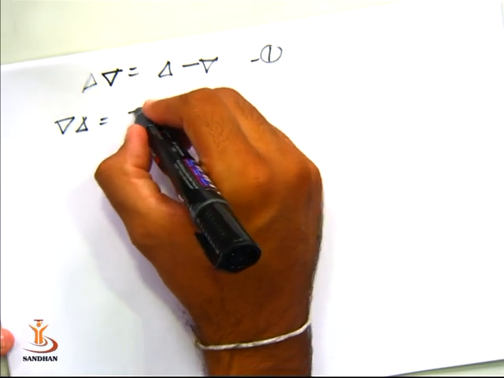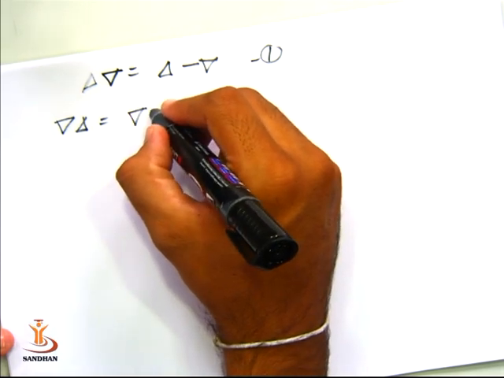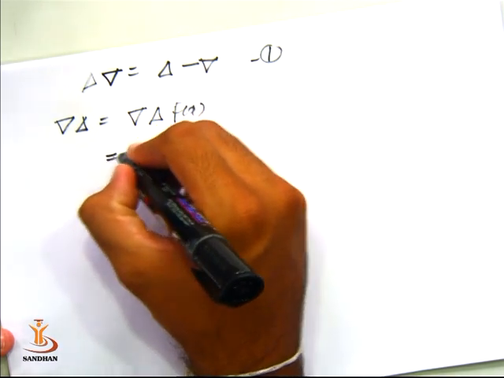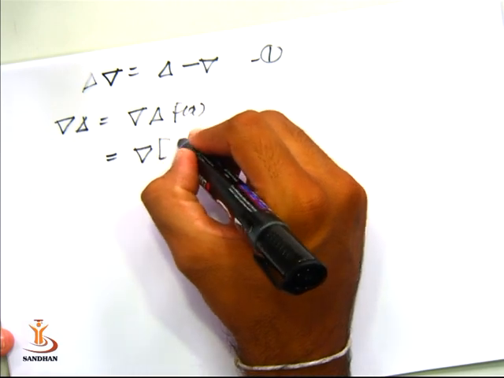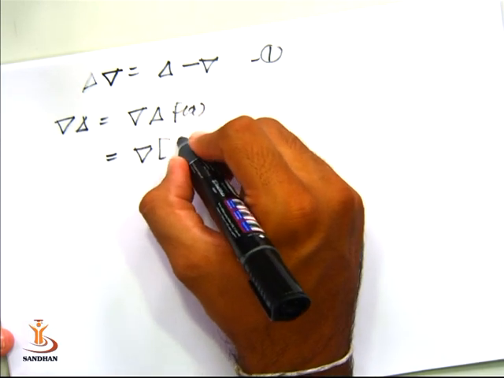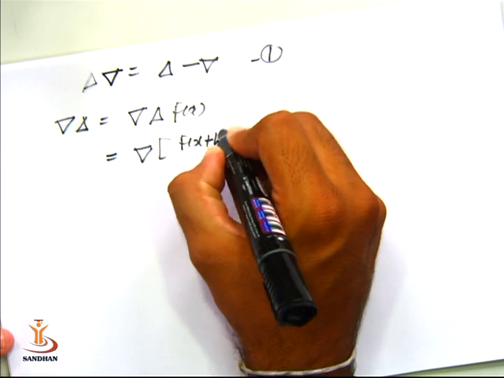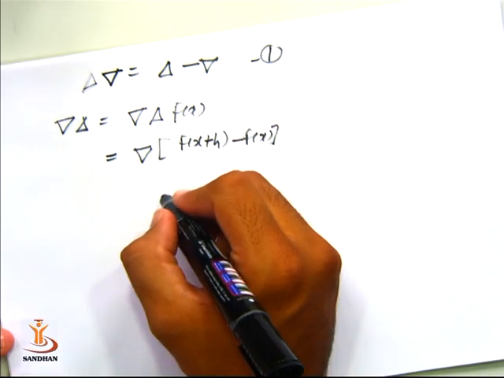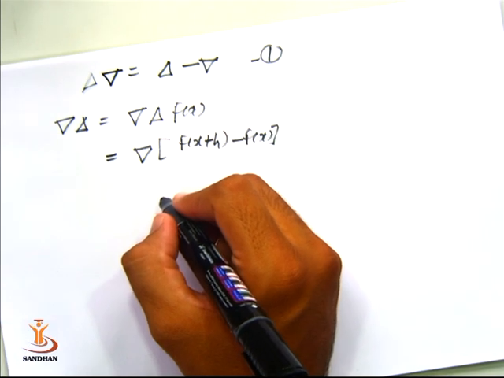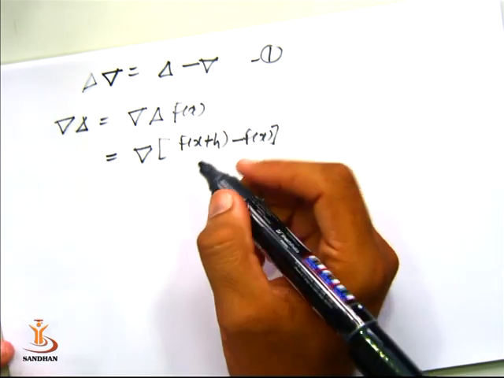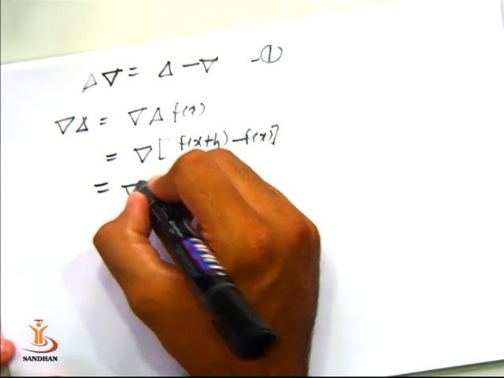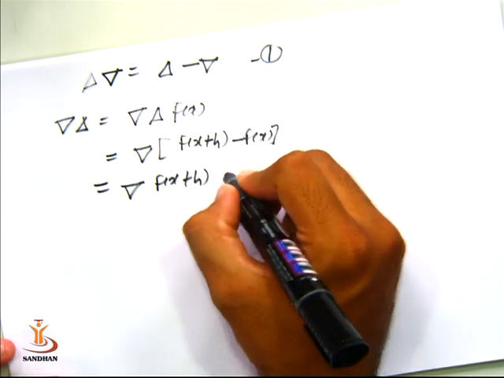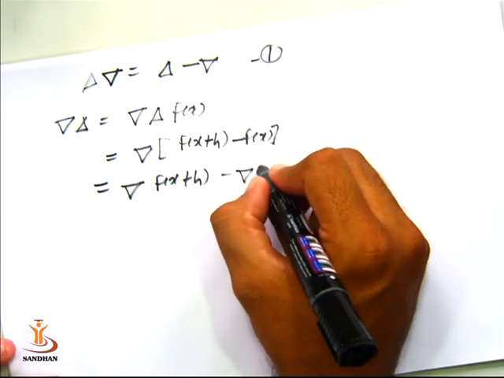That will be nabla dot delta f(x) equals nabla of, according to the definition of the delta operator, f(x plus h) minus f(x). This nabla will be applied on both the results one by one: nabla f(x plus h) minus nabla f(x).